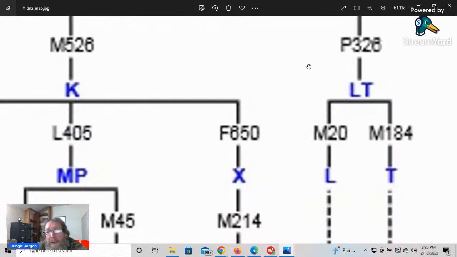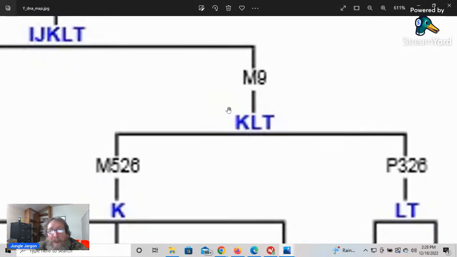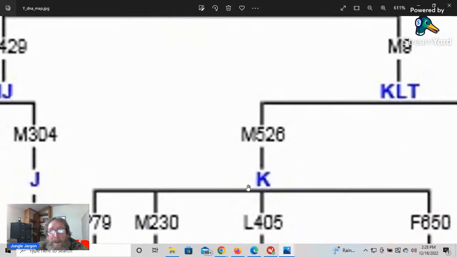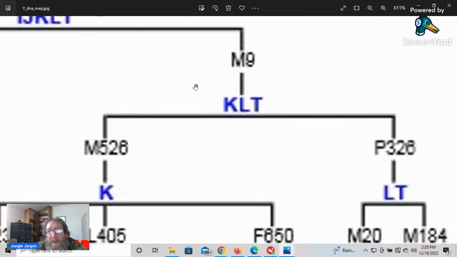and prove a stair step going from this K right here. Well, this is K here. This M9, it's K and LT together.